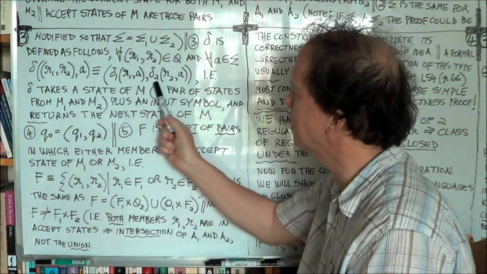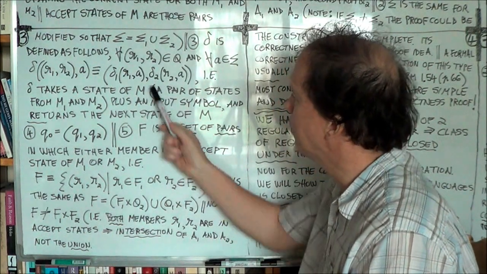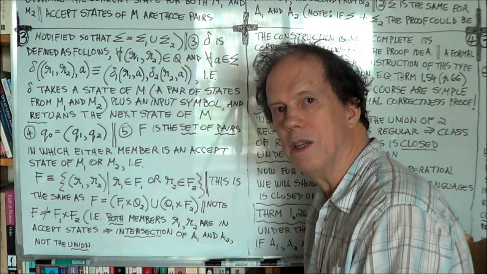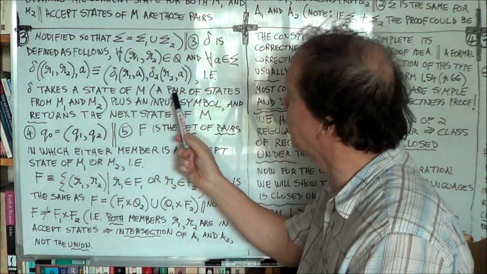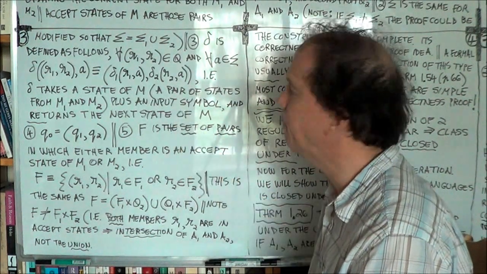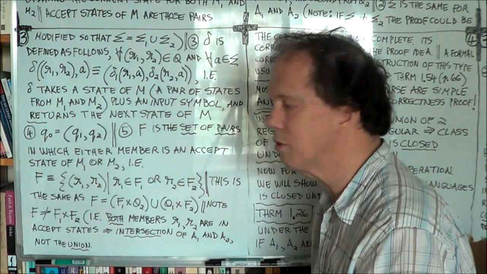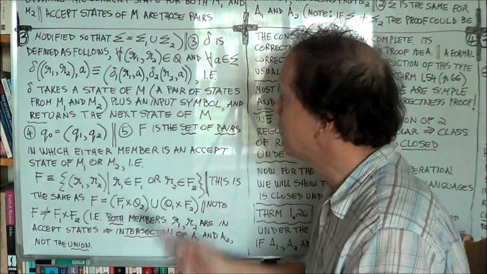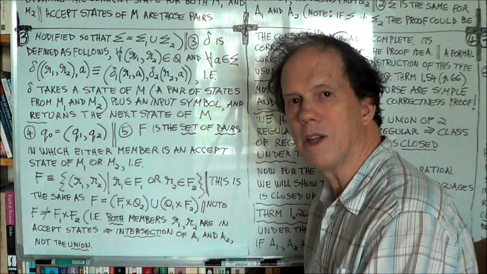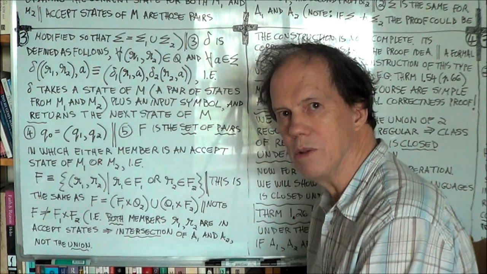And similarly for the second member, the second part of your ordered pair. This should be the next state of machine M2 when it reads the same current input symbol A, and assume the current state of machine M2 is R2. Using the transition function for machine M2, you can calculate what the next state will be for machine M2.